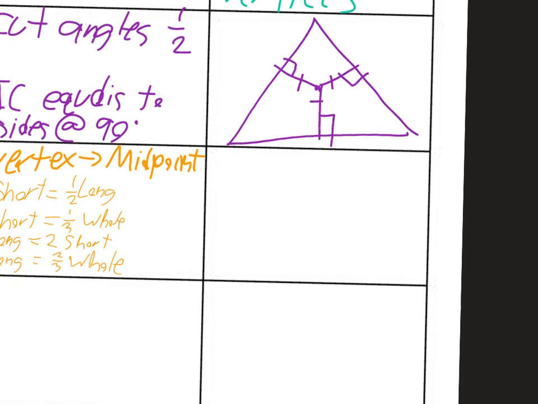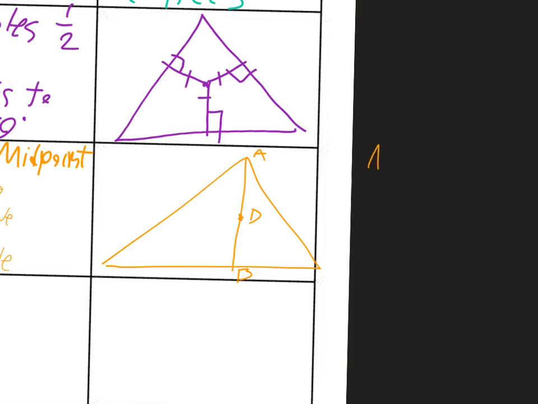So in a hypothetical triangle, say A and B point, let's call that D. We would say that segment AB is our whole segment.